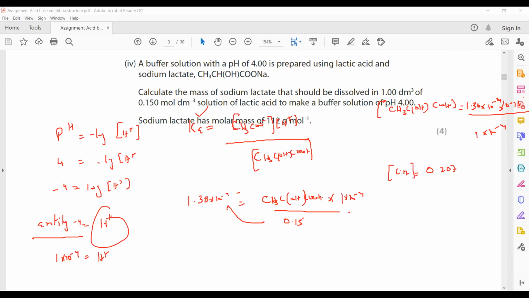Now, after finding the concentration, we have the molar mass.